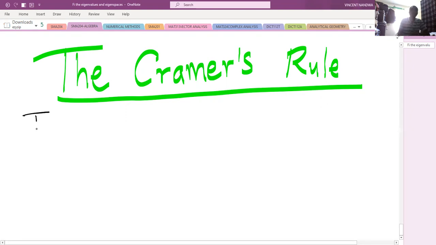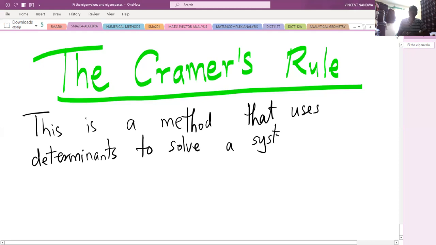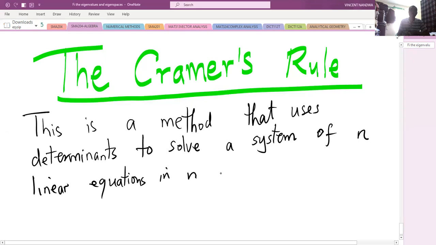So this is a method that uses determinants to solve a system of n linear equations in n variables.